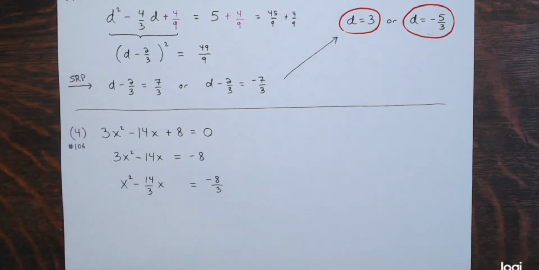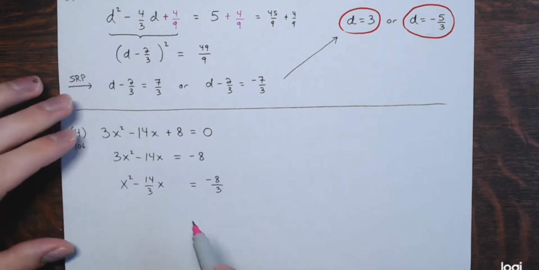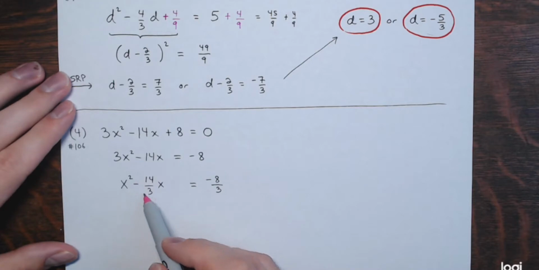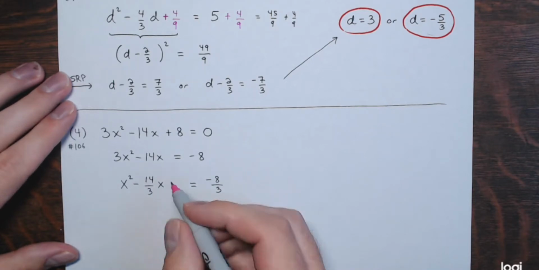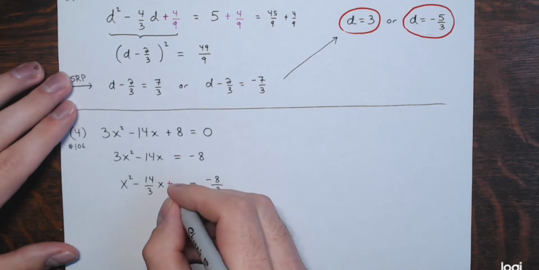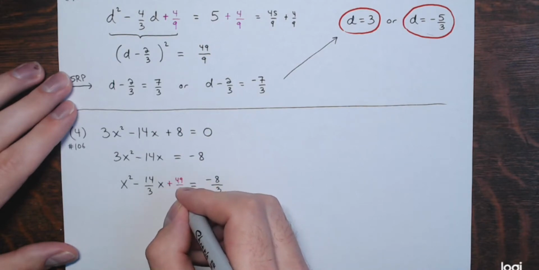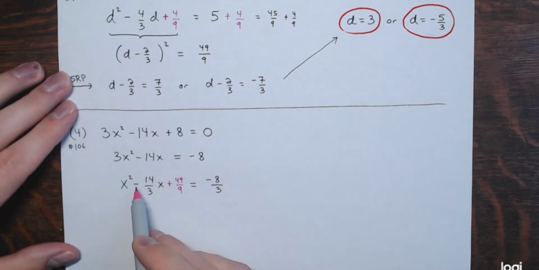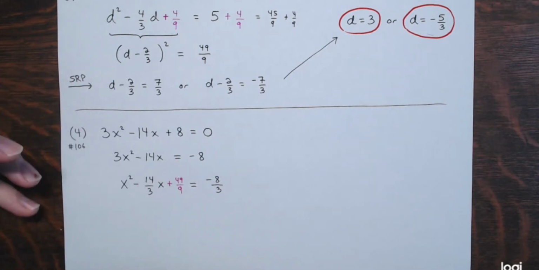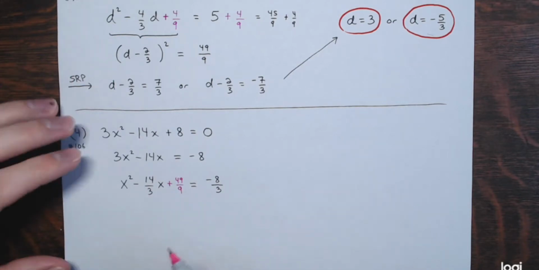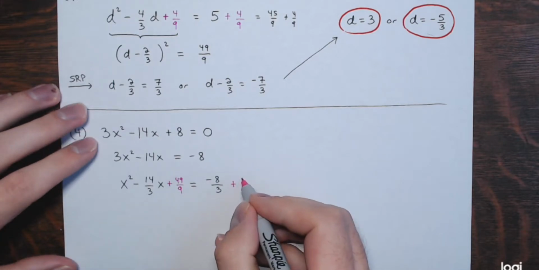Alright, now comes the completing the square step. Half of negative 14/3 would be negative 7/3. Squared would be positive 49/9. Right. Negative 7/3 squared would be positive 49/9. And I add this to the other side as well.